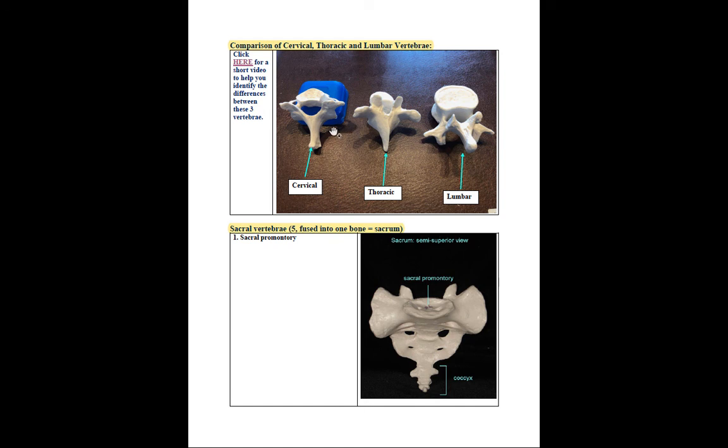And so if you compare the cervical, thoracic, lumbar vertebra, if you were given a vertebra and asked to identify which one it is, the easy way to do this is, one, ask yourself, does it have a transverse foramen? If it has a transverse foramen, then you're looking at a cervical vertebra. There's the first thing.